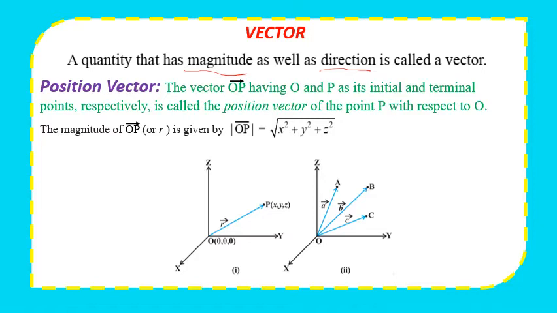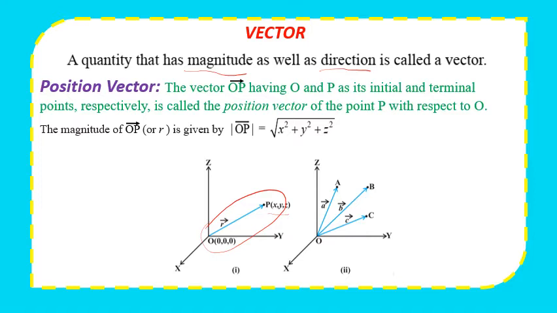Now what is a position vector? In three-dimensional space, if we have a point, suppose P, with the coordinates x, y, z, then the vector with respect to the origin, that is, you can see over here, we have OP.